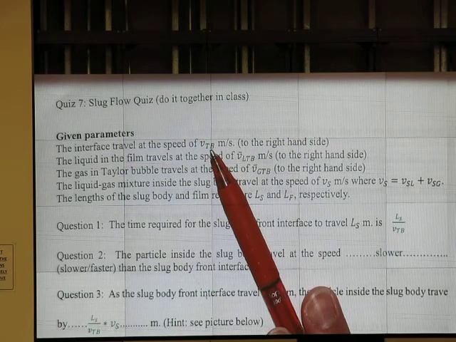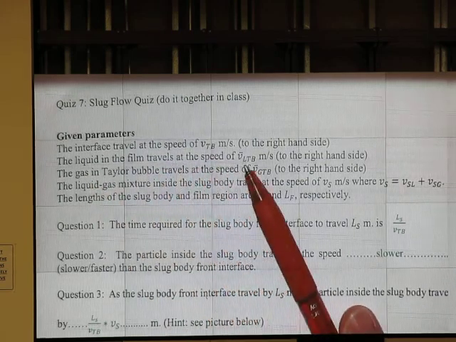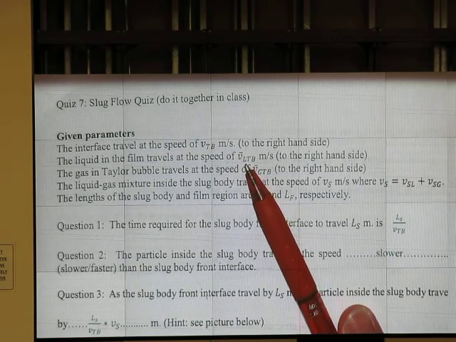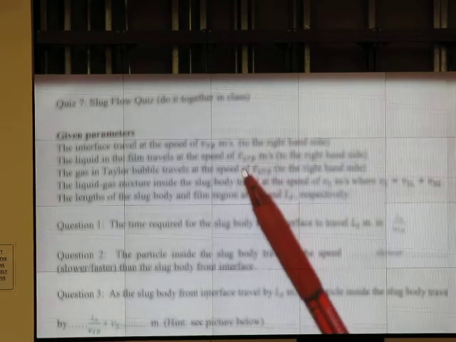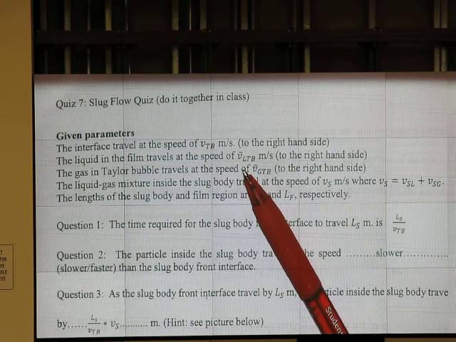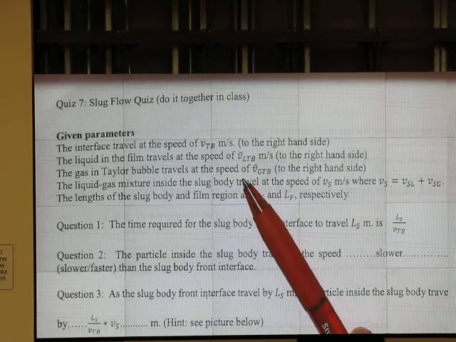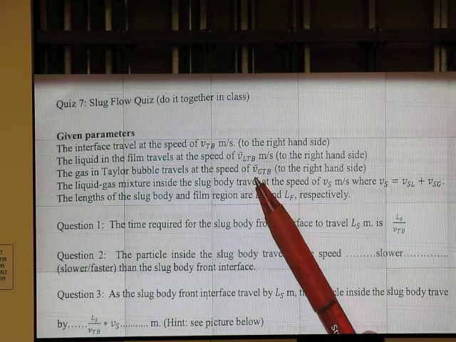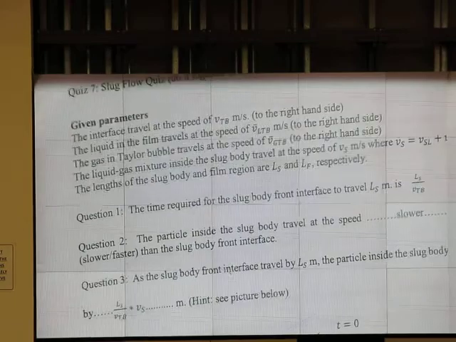So the Taylor bubble moves very quickly. The interface moves at that speed. The liquid film inside travels at the speed of VLTB. So VL is the velocity of liquid, TB means in the Taylor bubble. So liquid inside the film moves slower. Gas in the Taylor bubble travels at the speed of VGTB, V gas in Taylor bubble. So gas in the Taylor bubble moves slower than the interface velocity.